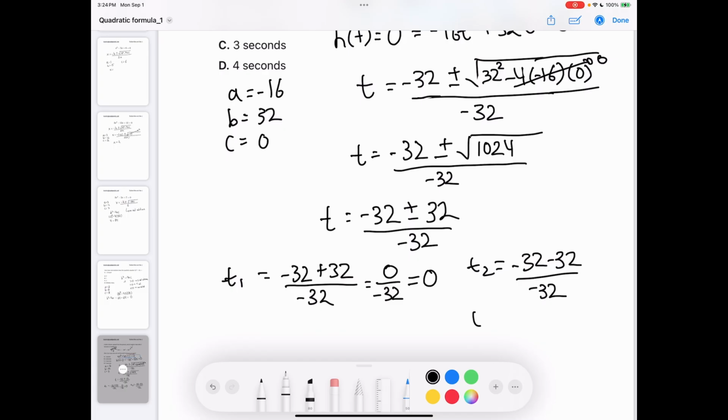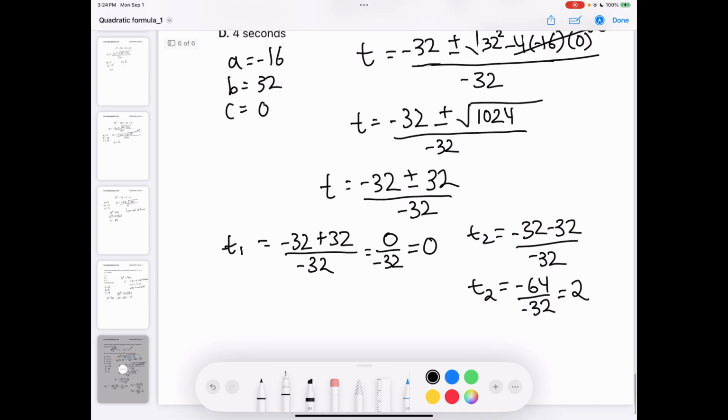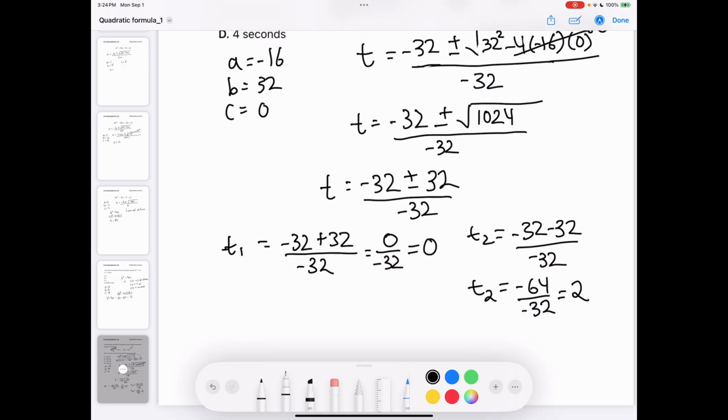Evaluating the numerator gives me negative 64 on the top, divided by negative 32. A negative divided by a negative is positive, and 64 divided by 32 is equal to 2. So in terms of solving the quadratic formula, I have two solutions, t equals 0 and t equals 2.